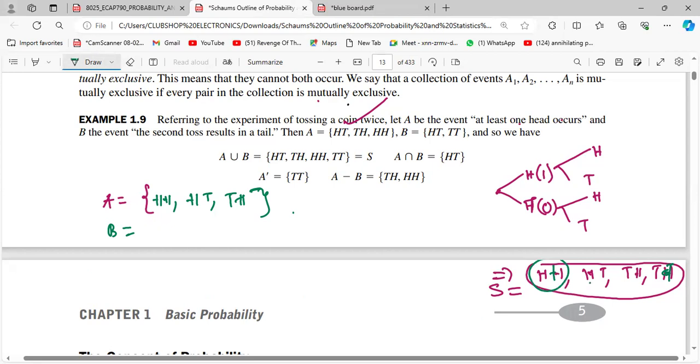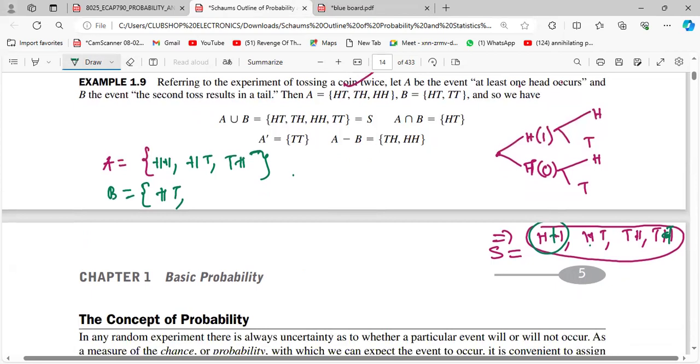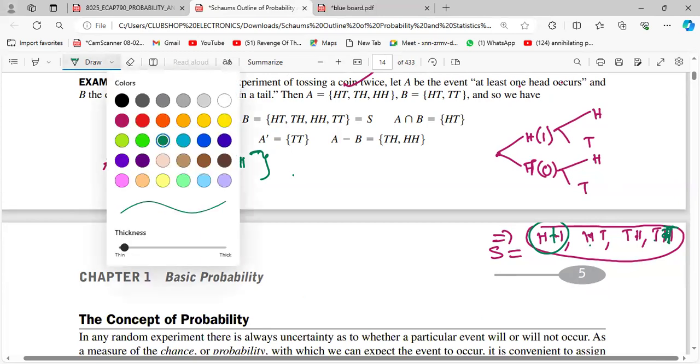First toss is head, second toss is tail, so we can pick HT. And the last one, TH, has a head second. So B has HT. So these are the sets that we have.